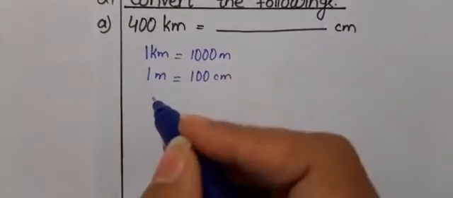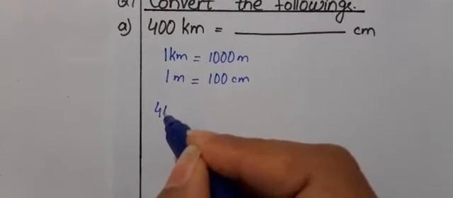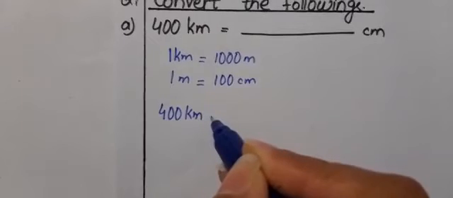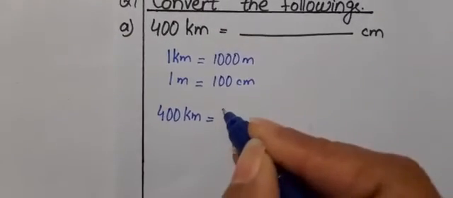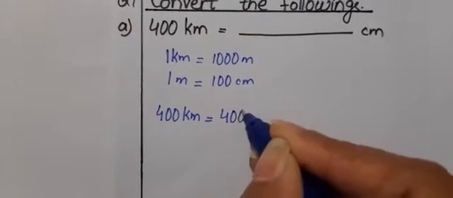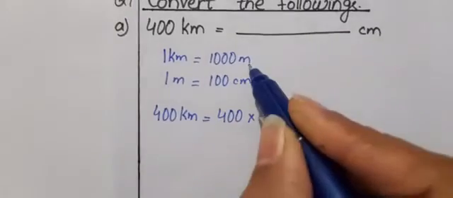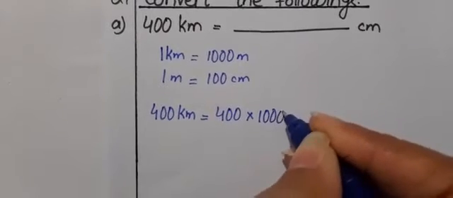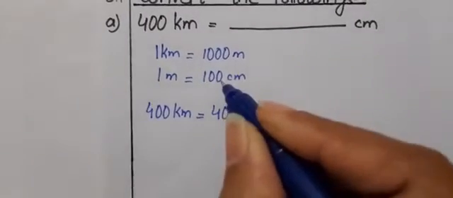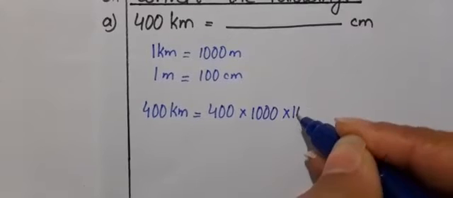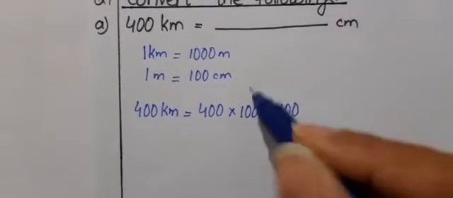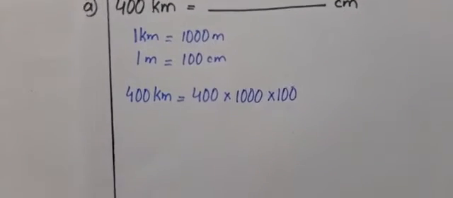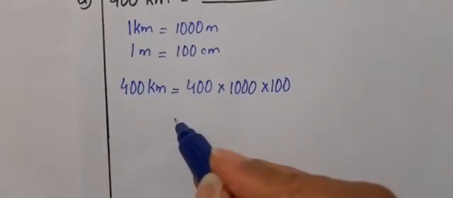So now what it will be, boys, I will write 400 kilometers, and it will be 400 multiply this 1000. First we have to convert it into meters, and then this 100 to convert it into finally centimeters. Here you can see 1, 2, 3, 4, 5. 5 zeros will get added with 400.